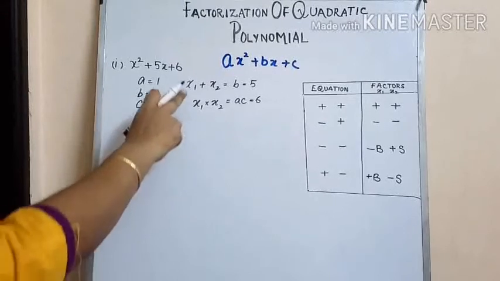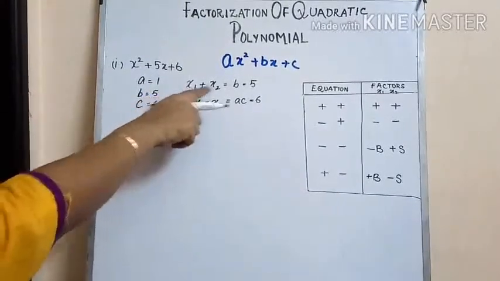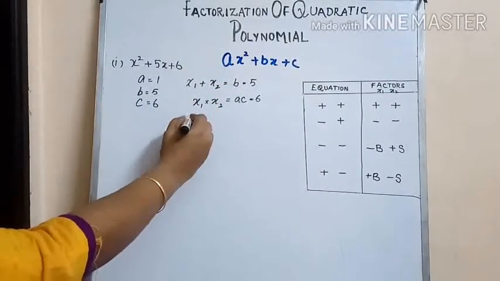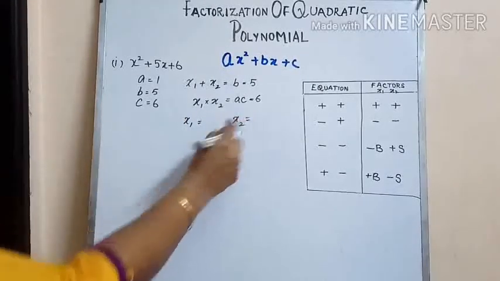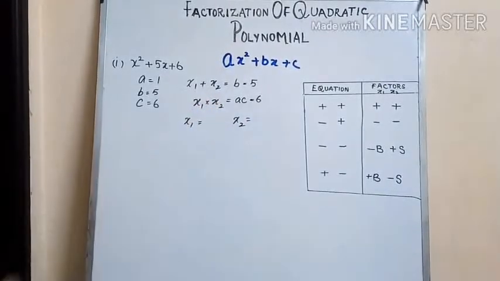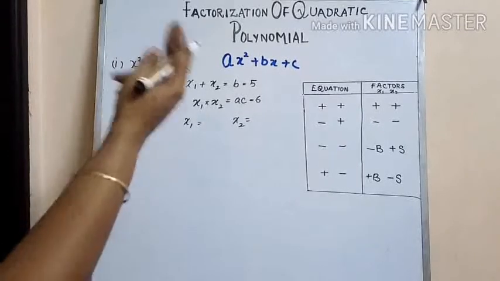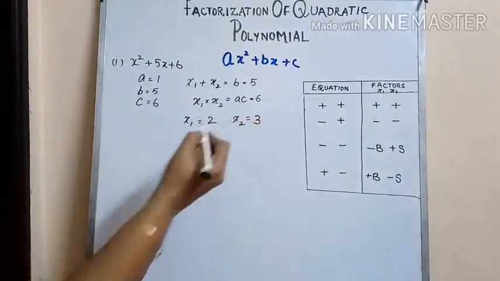Now we have to choose two numbers such that these two conditions are satisfied. What are the values of x1 and x2 that satisfy this condition? If you would have tried a few combinations, you would have got the two numbers to be 2 and 3.